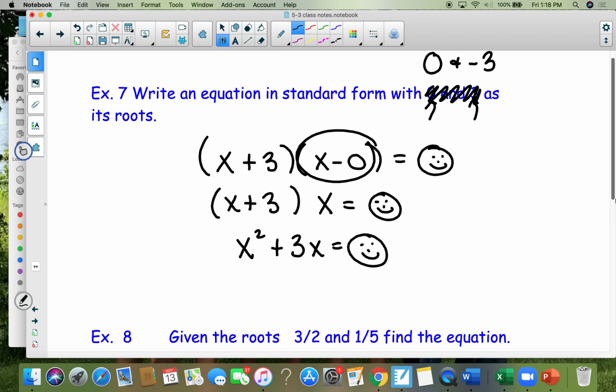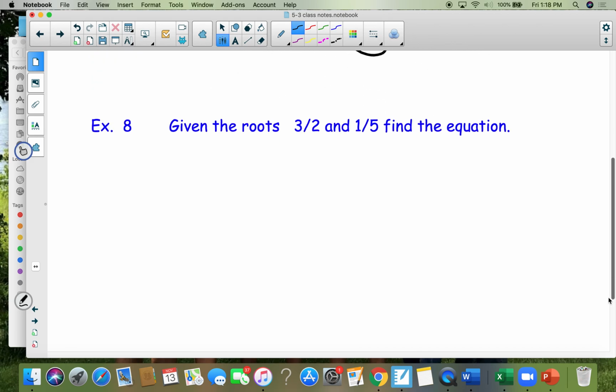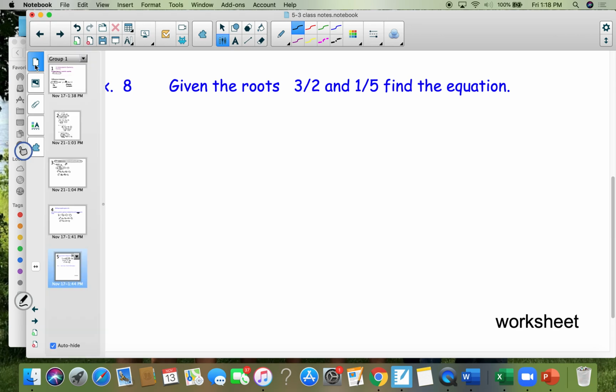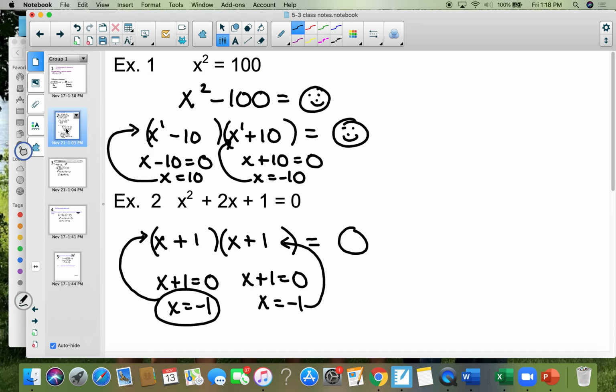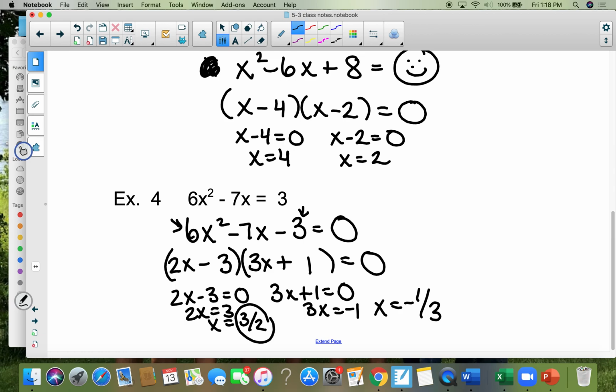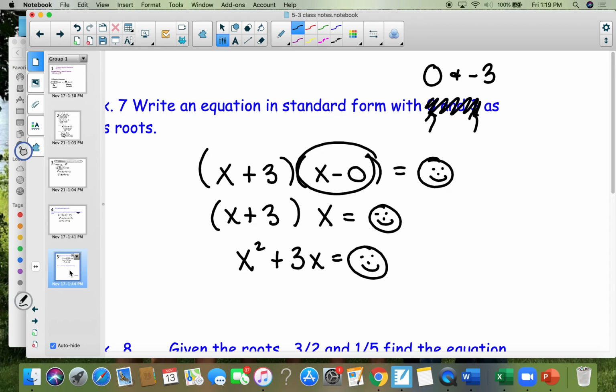And the last one, fractions. How do you do fractions? So let's go back and look to see how we did fractions right here. Okay, so how do you do a fraction? I'm just going to do the same thing like we were just doing.